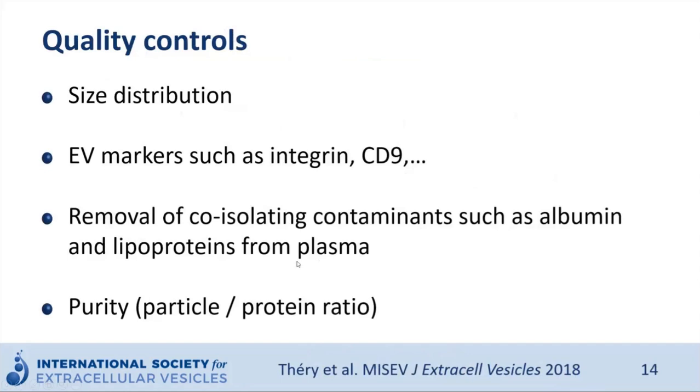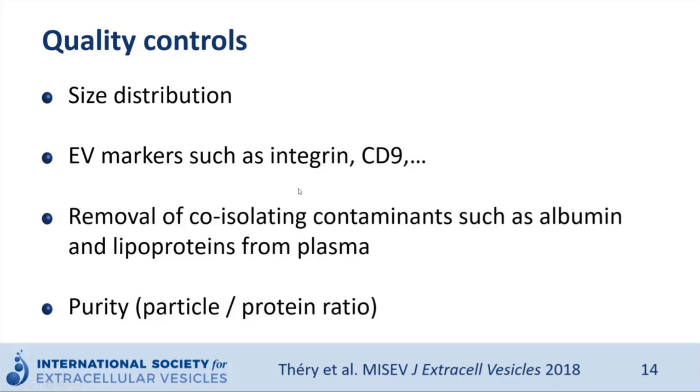As such, quality control is very important for EV isolation alone or EV combinations with other methods. As suggested by MISEV 2018, the size distribution of EVs should be made clear. For example, when we look into small EVs, 30 to 200 nanometer EVs should be enriched.